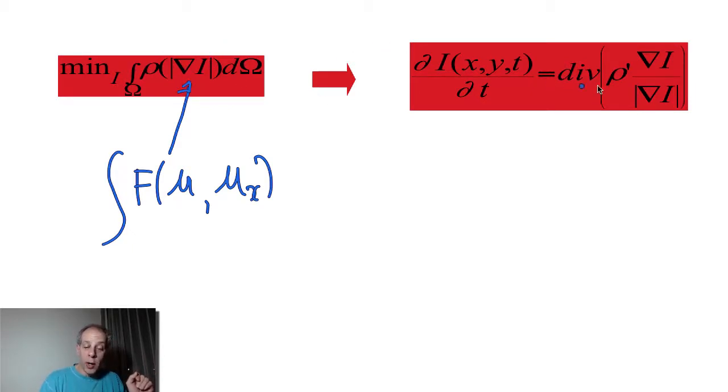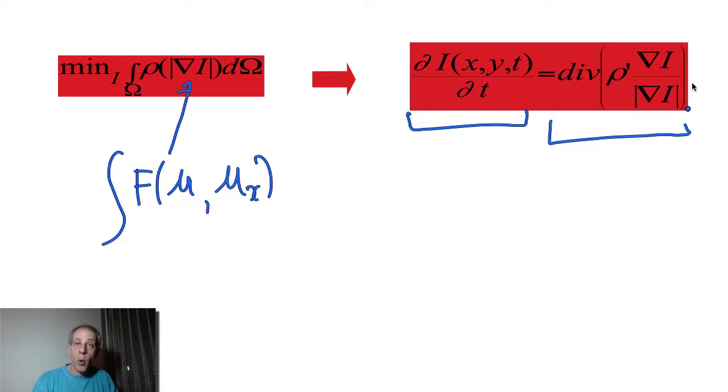If we compute the Euler-Lagrange, this is what we get. That's the Euler-Lagrange of that equation if we follow exactly the formula that we showed in the previous video. And remember, the partial differential equation is obtained by deforming the image equal to the Euler-Lagrange. And then when this doesn't change anymore, we have solved the Euler-Lagrange and we have obtained maybe only a local, but at least a minimizer of this functional.